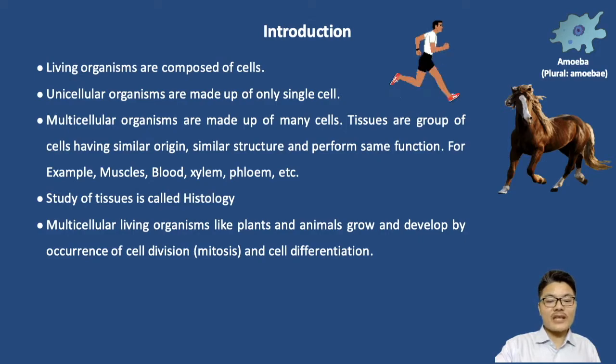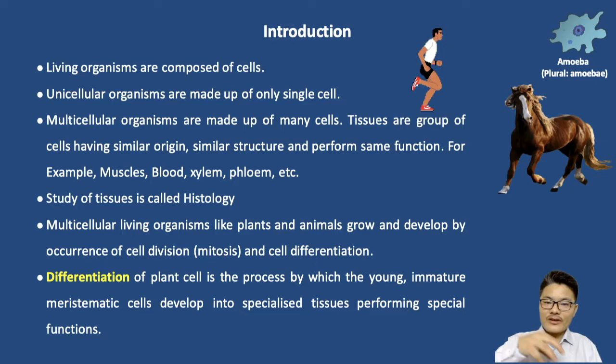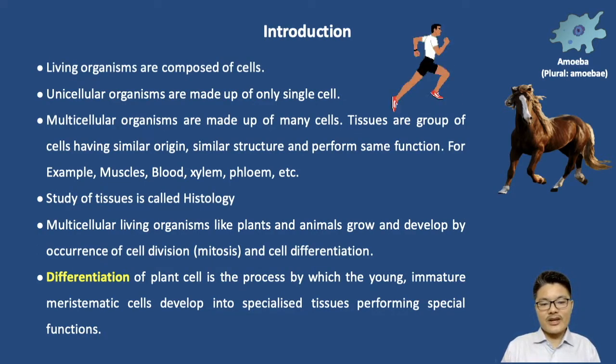We usually explain cell differentiation as a process wherein young and immature meristematic cells develop into specialized tissues which perform special functions. So differentiation, in simple terms, is a process of maturing young, immature meristematic cells into mature, permanent cells having specific functions.